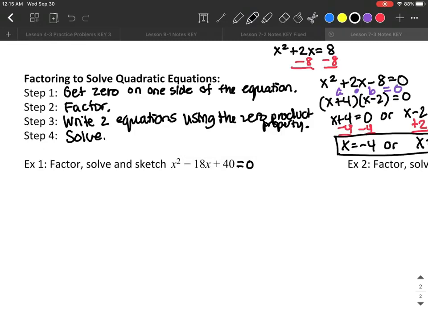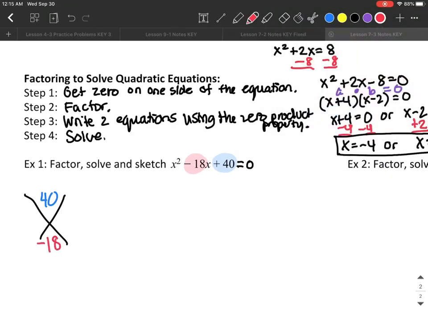So I need, first of all, this has a coefficient of 1 in front of the x squared, so I know I can use the diamond to get the factored form. I need two numbers that multiply to 40 and add up to negative 18.